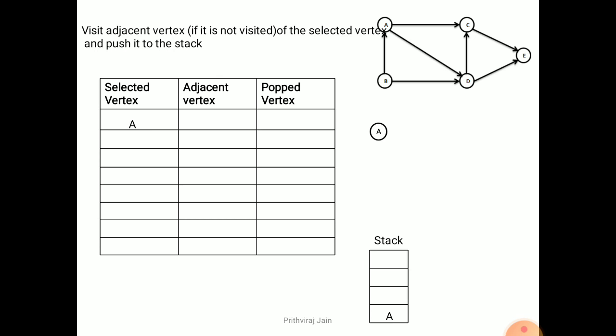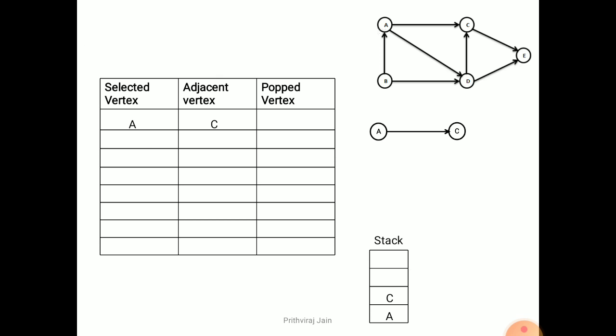Now from A, the adjacent vertex is C. I have taken the adjacent vertex as C and pushed C onto the top of the stack. Now there is nothing to pop from the stack.